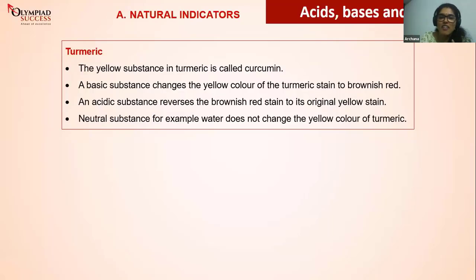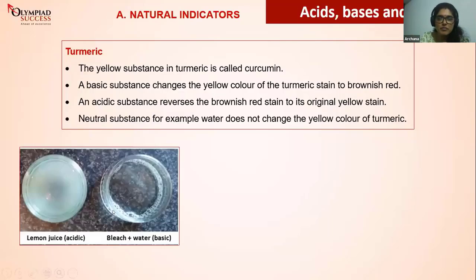So we have lemon juice and bleach. What will be the color if I put turmeric into these two? Bleach is basic. Lemon juice is acidic. So if I put turmeric into these two solutions, what will be the color change?